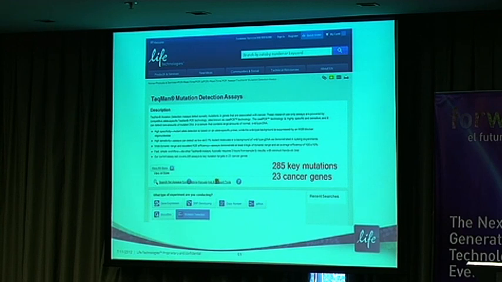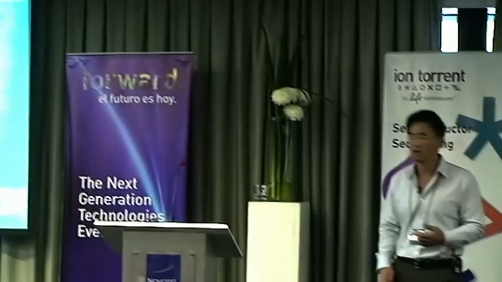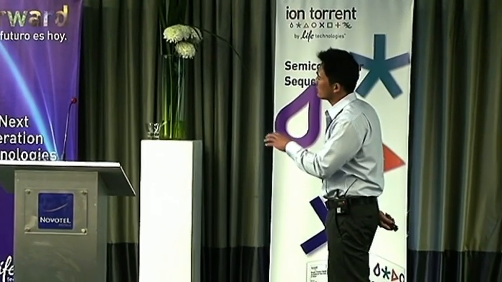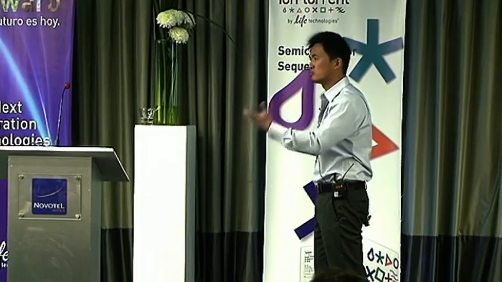We're trying to match the content we're seeing on the Ion Torrent side with all their AmpliSeq panels. For all the mutations they're showing on those panels, we want to give researchers the ability to go back and validate those mutations using our Cas-PCR assays as well. Right now we have 285 mutations, but we're building and building.